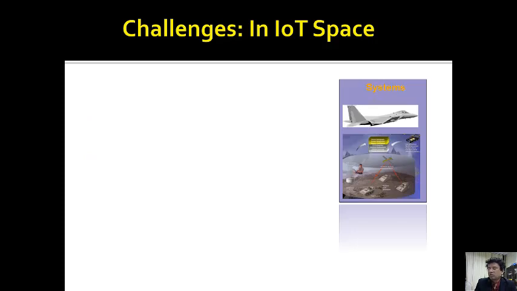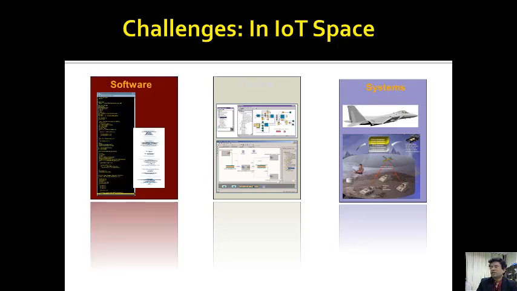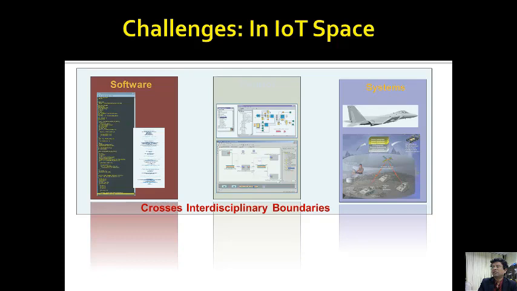So also we need multiple expertise in system perspective, control and software. This application crosses interdisciplinary boundaries. So the system engineer, the control engineer and the software expert all need to work together to make something work.